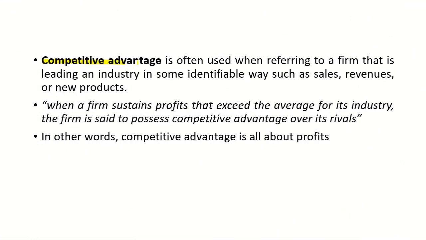When you say competitive advantage, it is a term often used when referring to a firm that is leading an industry in some identifiable way, such as sales, revenues, or new products. So I quoted here, when a firm sustains profits that exceed the average of its industry, the firm is said to possess competitive advantage over its rivals.